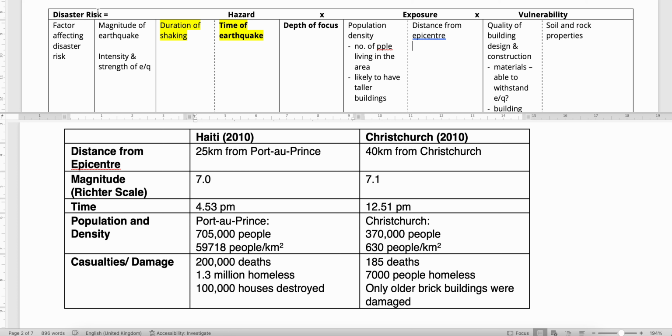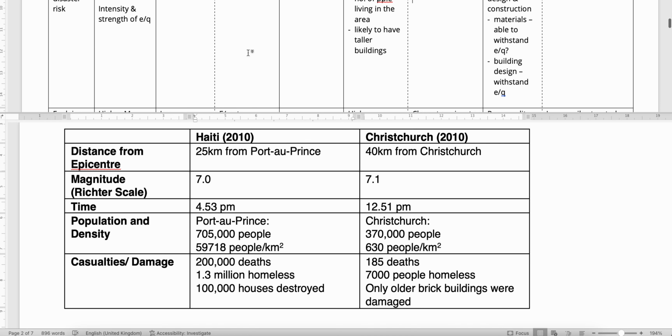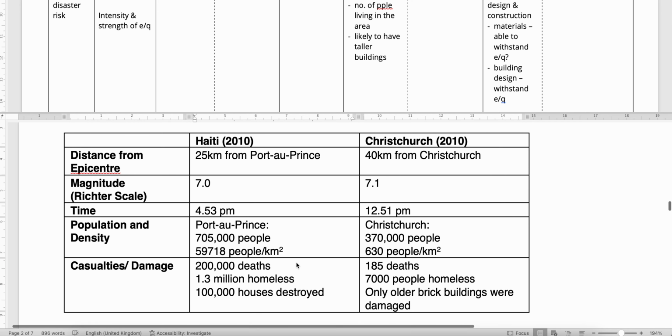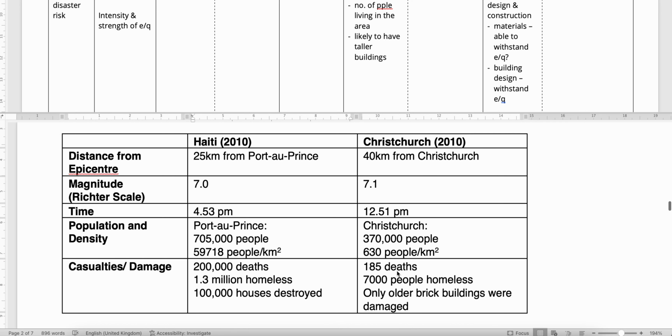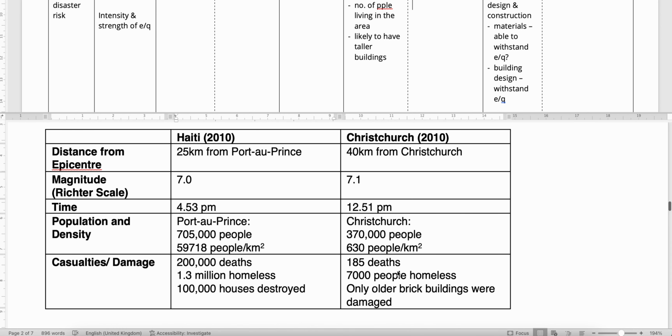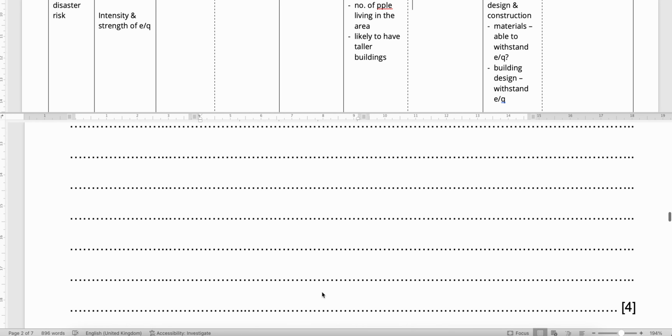So which are the factors from the table that relate to what we have learned? You just need to pick 2 of them and explain using the steps that we went through in your textbook, to explain why Haiti is a greater disaster than Christchurch. Pick 2 factors and explain how they lead to more deaths, injuries and destruction. You should get 2 marks each, so a total of 4 marks.